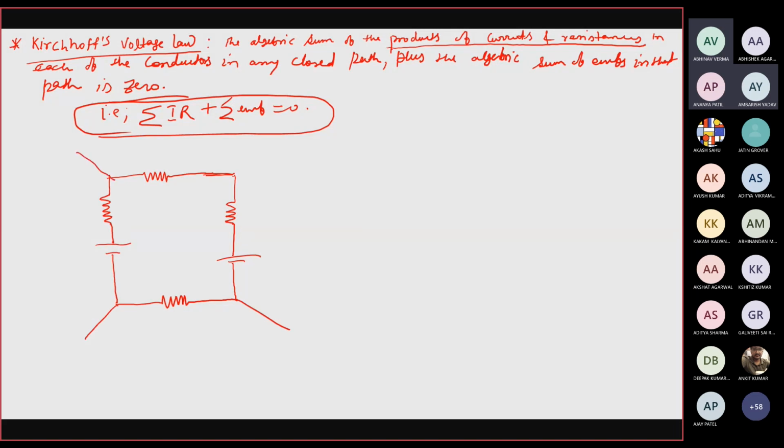Suppose this is a part of any large electrical network. We have taken this section of an electrical circuit. Let us represent it by R1, R2, R3, then R4. This is E1, then this is E2.